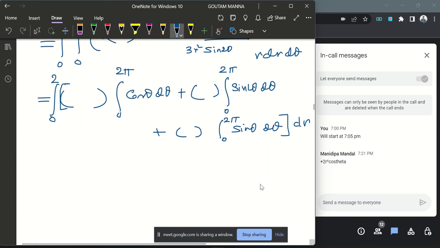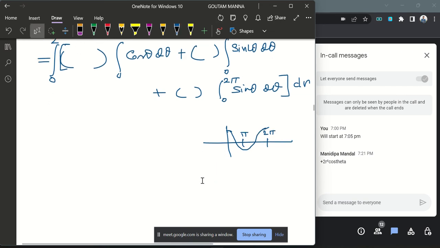And now if you do this integration, these are all periodic functions. If you integrate cos theta, with this being pi and this 2 pi, the cos function looks like this. In a full period, if you calculate the area, it is basically 0.